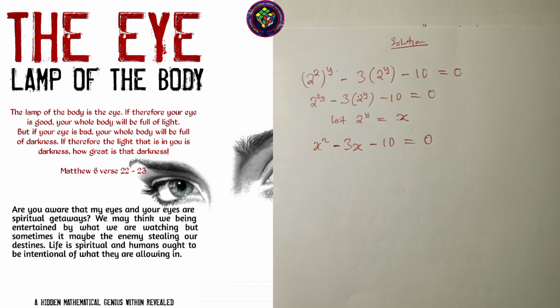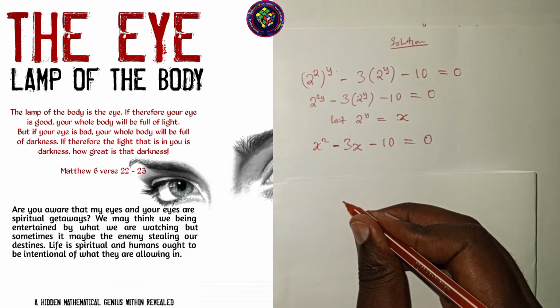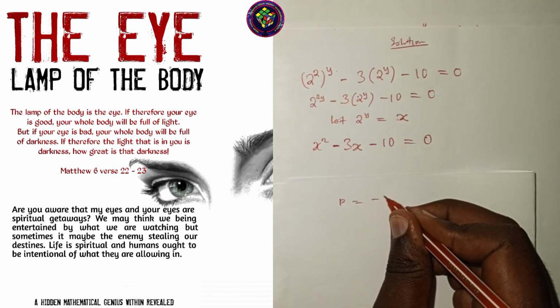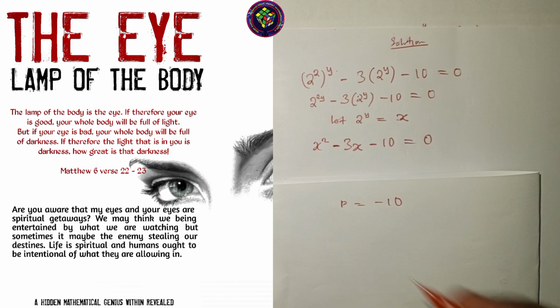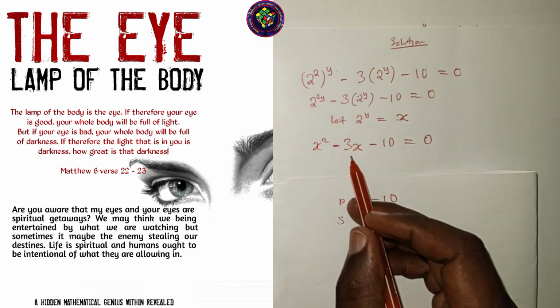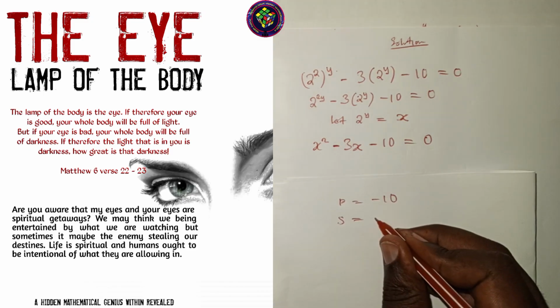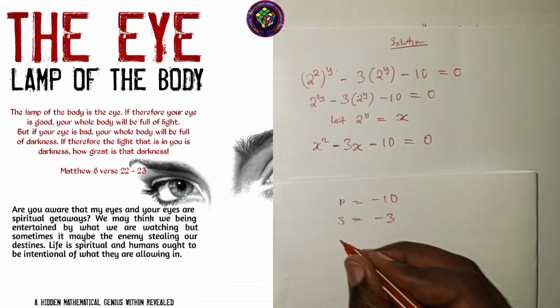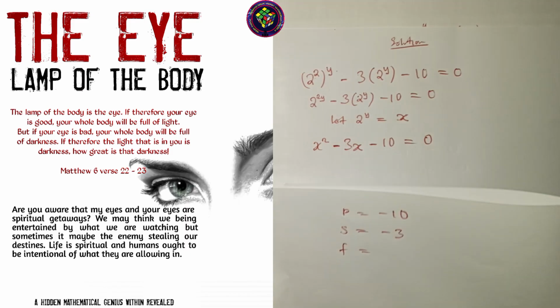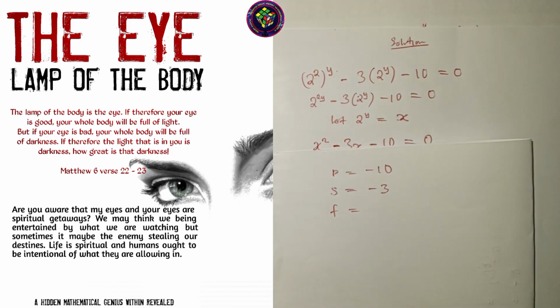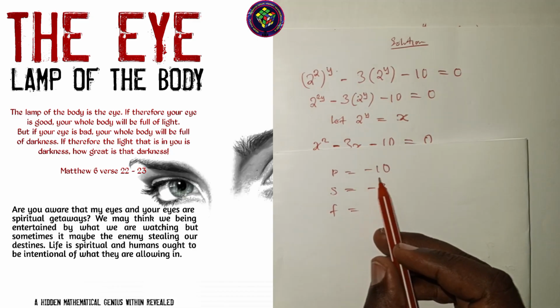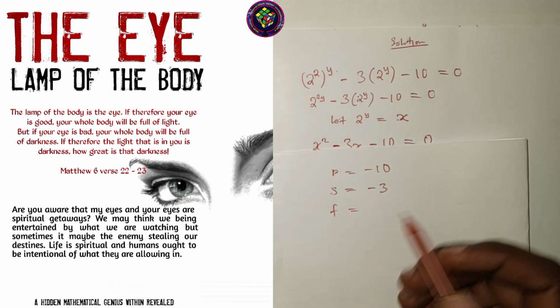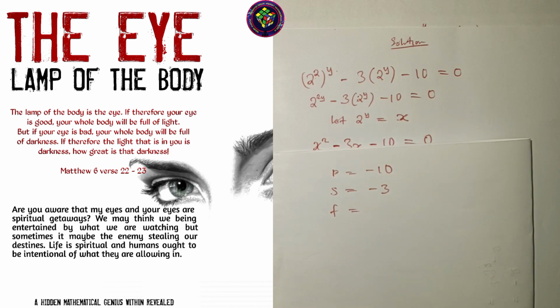Then we need to get the factors. Okay, so our product there is minus 10, and our sum is minus 3. So we need to find 2 factors. When you multiply them, you should get minus 10, and when you find their sum, you should get minus 3.